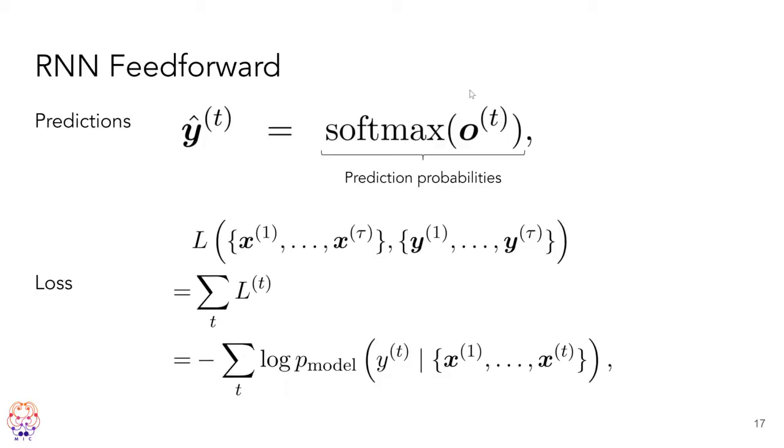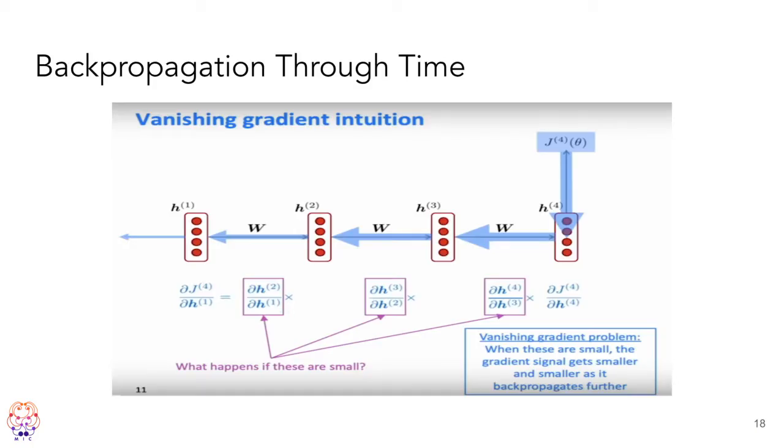You would use something else, because softmax produces values between 0 and 1, which you don't want. Now once you get the loss, we want to train it. This is called backpropagation through time, because we're not just training a regular neural network. We're training a neural network in two dimensions: one going back to the input, and one going back to the left on previous time steps.